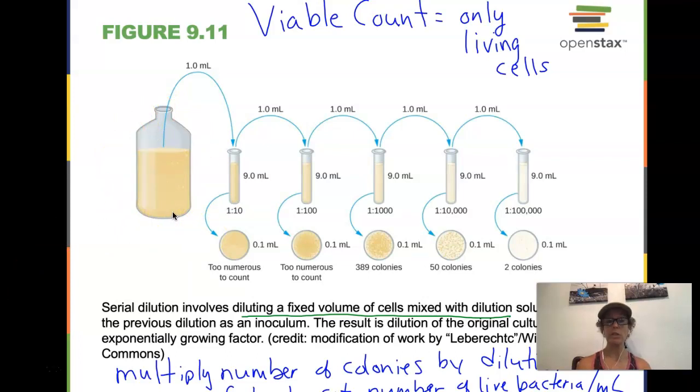Again, this would be useful in a research lab when you need to know something about the biomass, something about how many cells survived a particular treatment, and we can just count the colonies that are present and multiply them by the dilution factor to determine that.